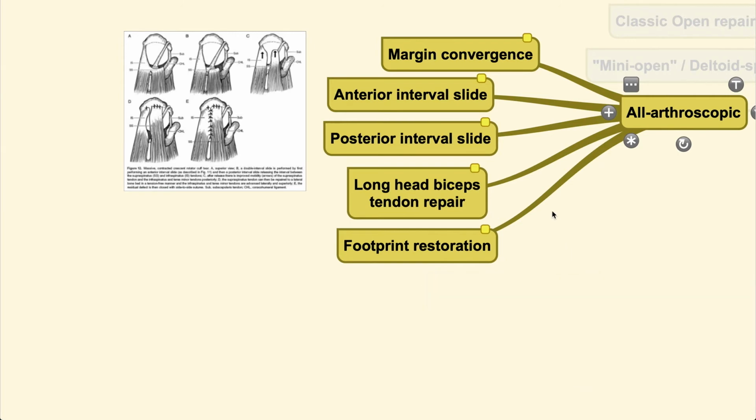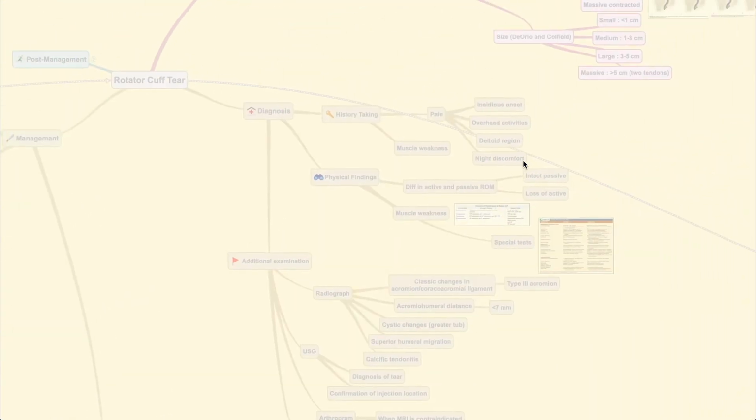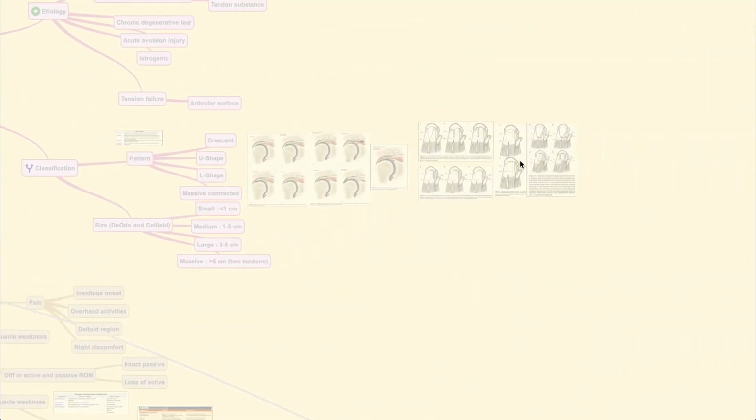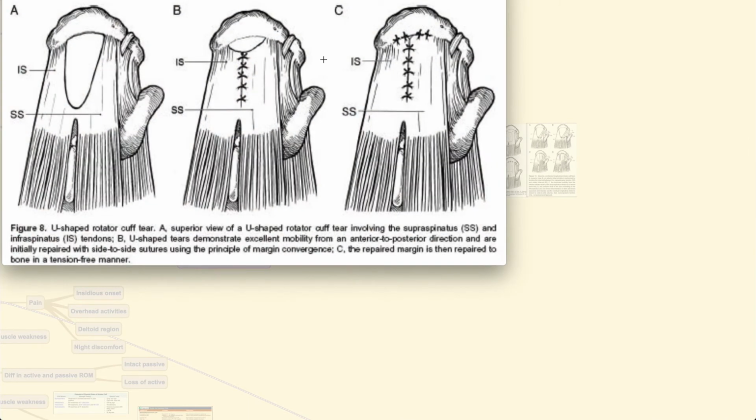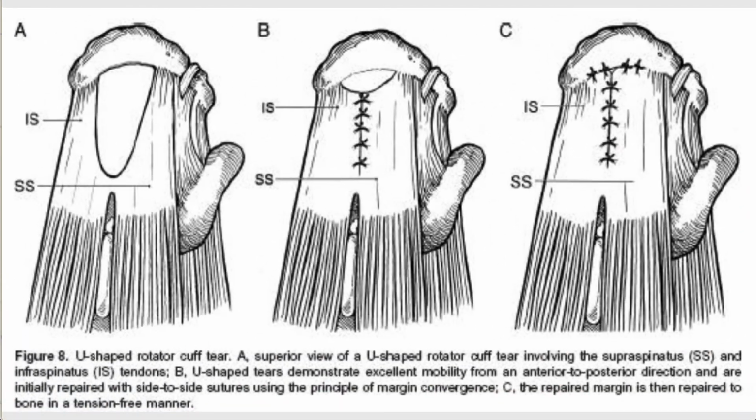Now, talking about this margin convergence and interval slide, I would go back to the materials that I went over in the first video of this rotator cuff tear, which is this one. As you might notice, what the authors are doing here is actually repairing using the principle of margin convergence. They will try to suture each of these margins together using that particular principle.